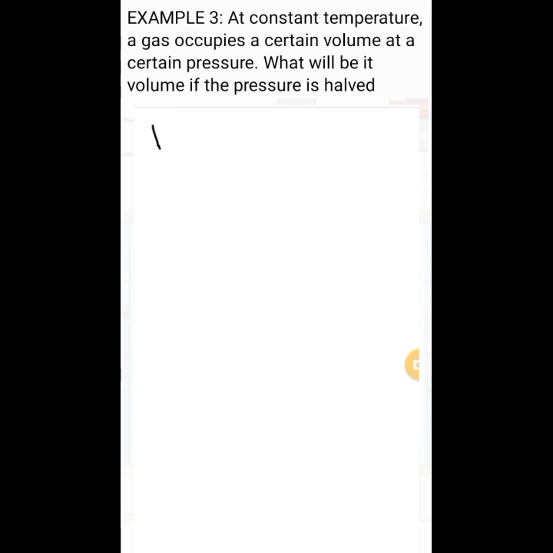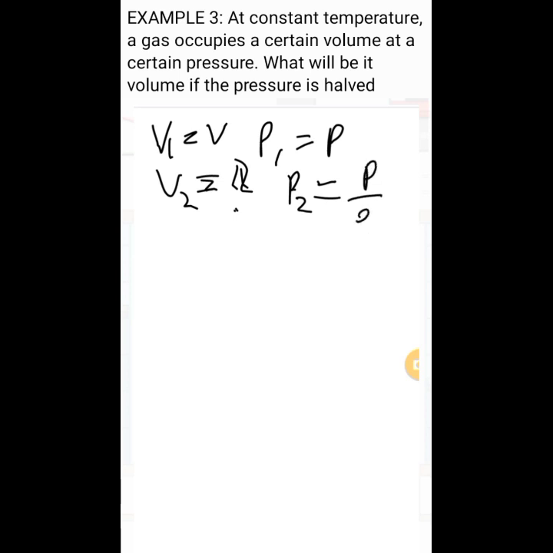From this question, we were not given values, so we are going to make some assumptions. So let's take our V1 to be V, our P1 to be P, then V2 is unknown, so you have a question mark. Then from the question, we're told that the pressure was halved, so P2 will be half of P1, and our P1 is P, so P2 will be P over 2.